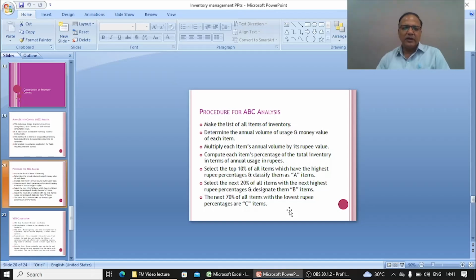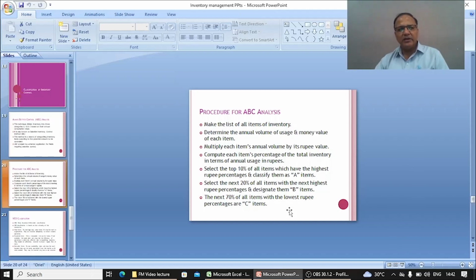It means, suppose item number 1, the cost of item is rupees 100 and consumption or units required is 10,000. Then the total money involved in this item is 10,000 into 100. It will be rupees 10 lakh. And again item number 2, 150, and the units required is 8,000.